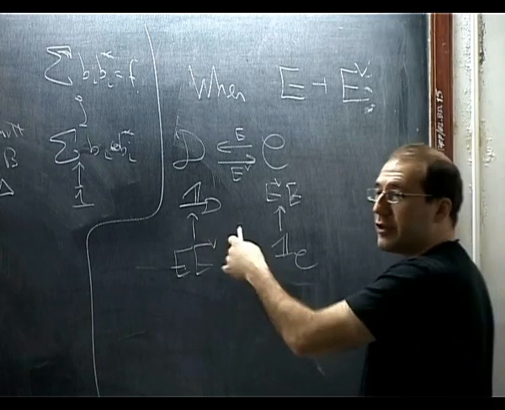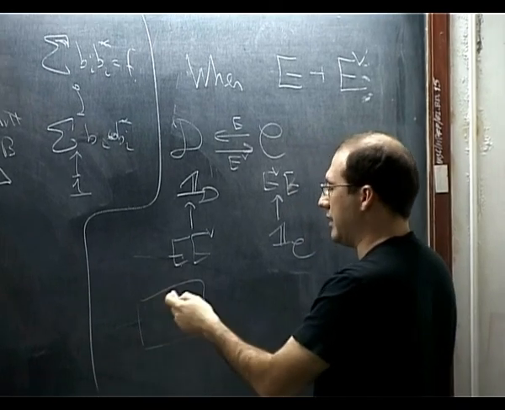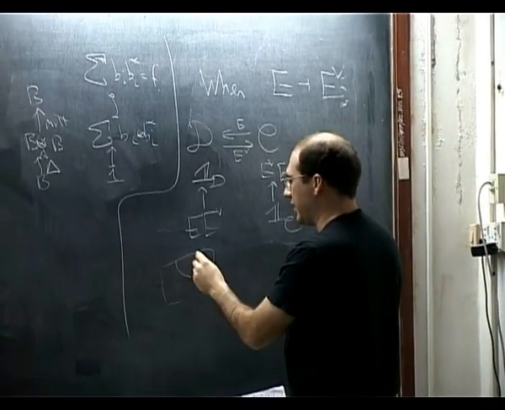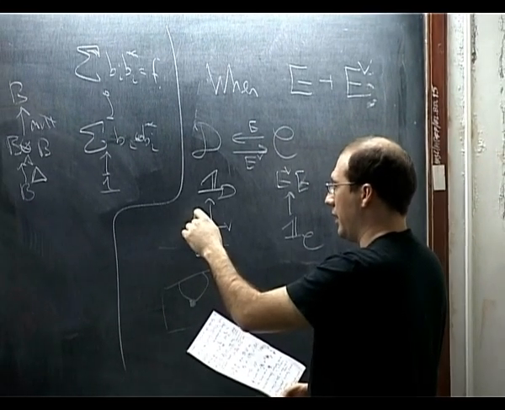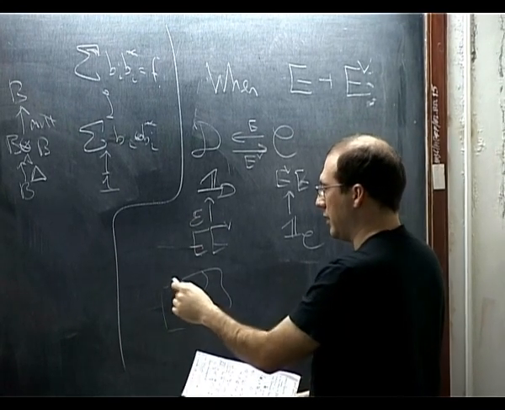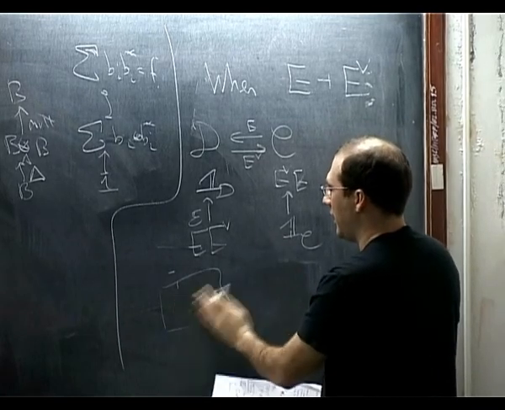However you represent E, this morphism would be represented as something that looks like this. This is the unit, and this would be, oh shoot, I'm drawing this one, I'm sorry.